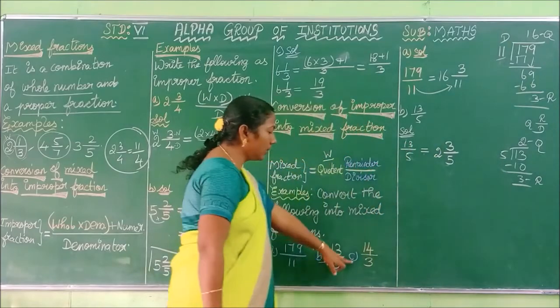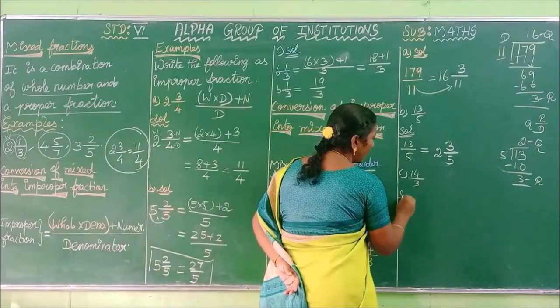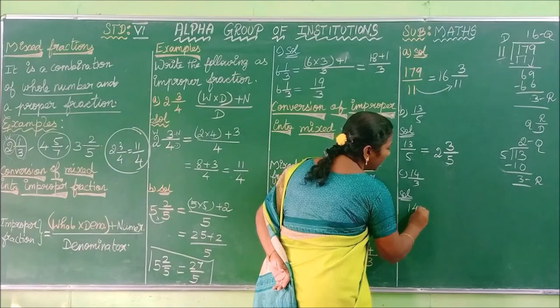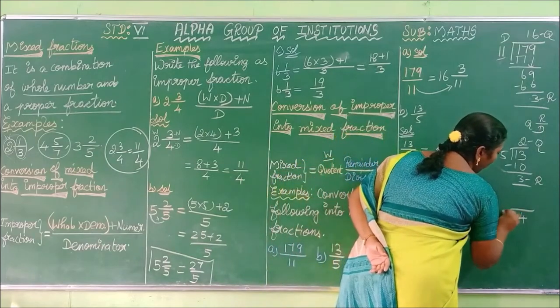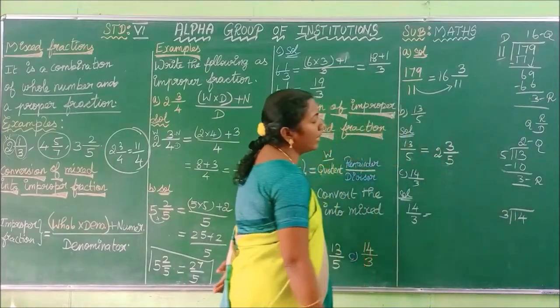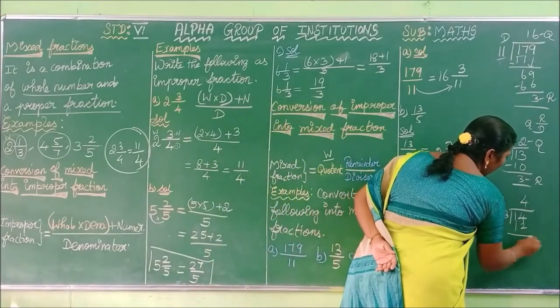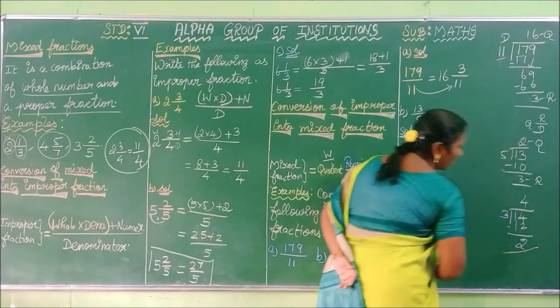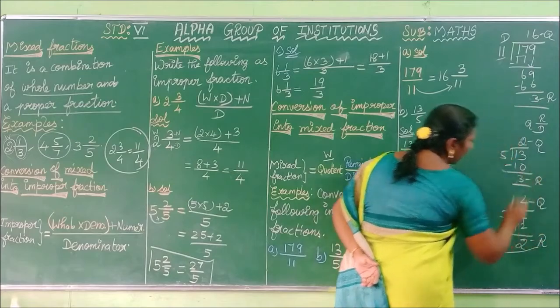Okay, see the next sum. C. 14 by 3. Now we are going to convert this improper fraction into a mixed fraction. So you have to divide 14 by 3. How many times? 4 3s are 12. By subtracting we get 2. So what is your remainder? 2 is the remainder and 4 is the quotient.